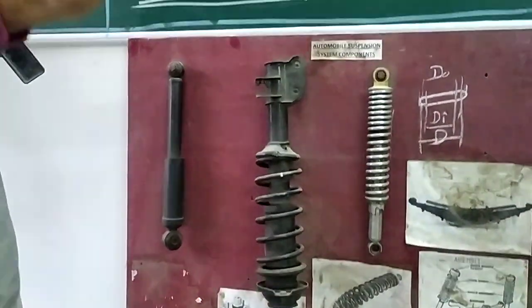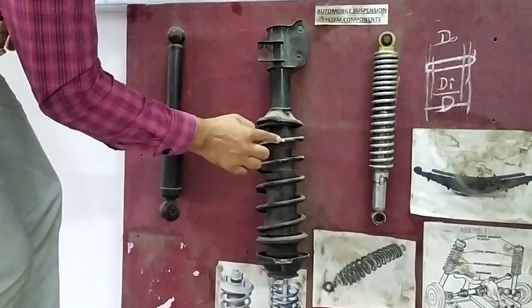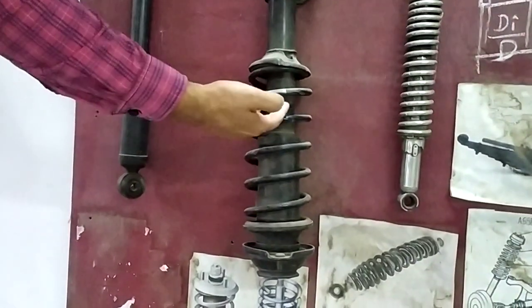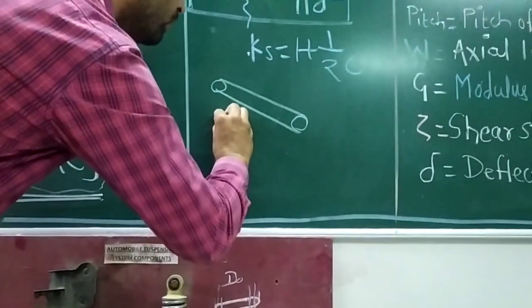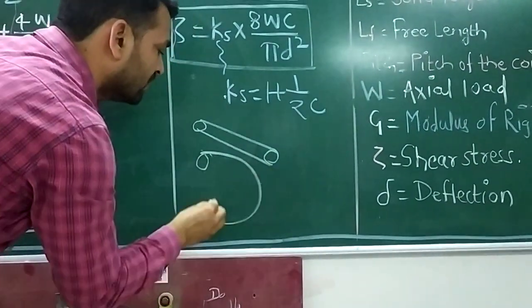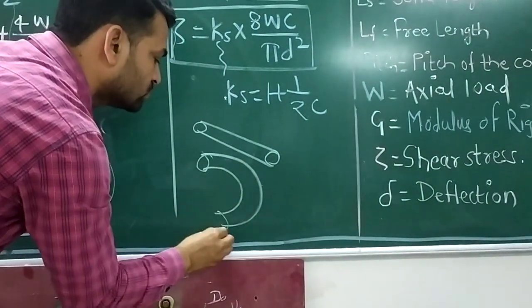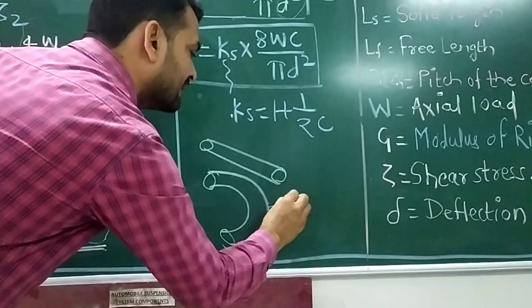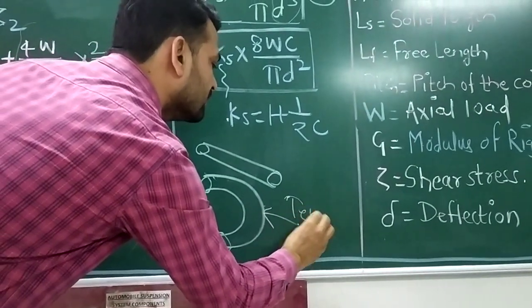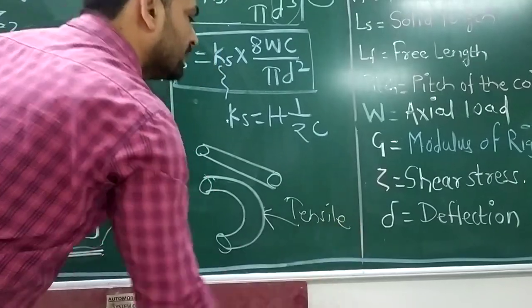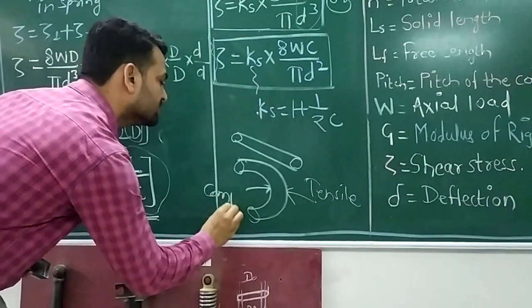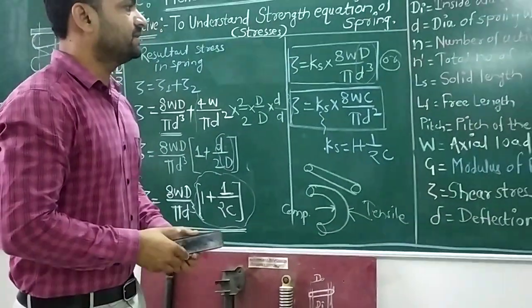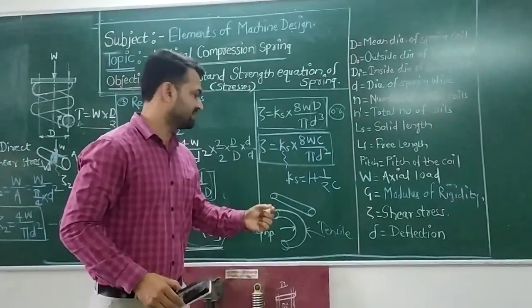And what is the effect of curvature? The outer fiber will be in tension and the inner fiber will be in compression. When you provide a curvature, this is the tensile fiber, and this fiber will be in compression. So this factor is considered.